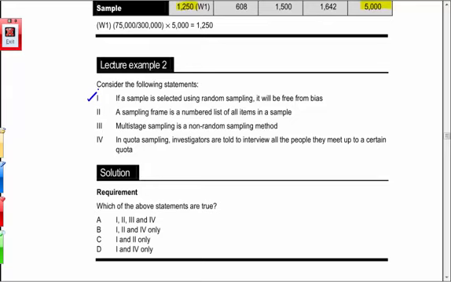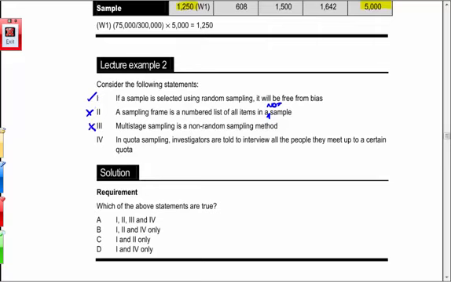Well, actually it's not, because including all of the items in a population is not a sample. It's going to be a census if we include all of the items. So sentence number 2 is incorrect. Multi-stage sampling is a non-random sampling method.